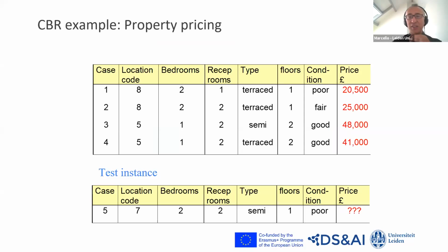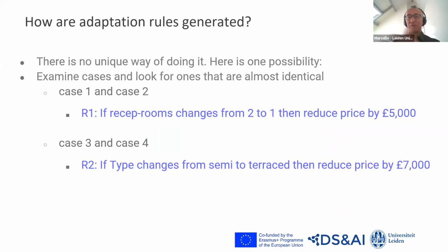Here's another example: when you want to buy houses, there are prices and different types of houses, and now you want to know what the price would be for a house like this. It's not immediate because the things do not match fully, but you try to find some kind of partial matching, like we did before, some weighted average.